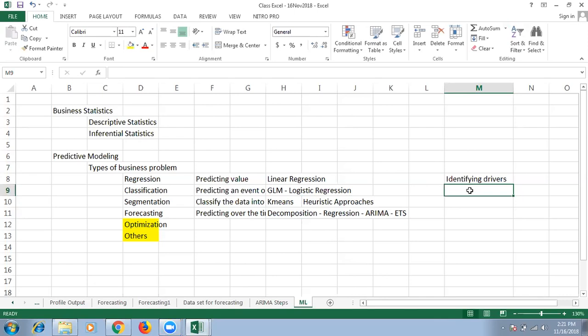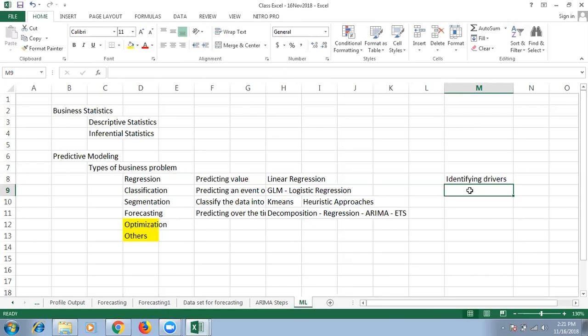Correct? So indirectly what I'm saying is these linear models, especially logistic regression or linear regression, will also help me to get drivers along with the predicted values. Do you agree with me? And you can also quantify it. I mean, which driver is most important, which driver is less important, right?